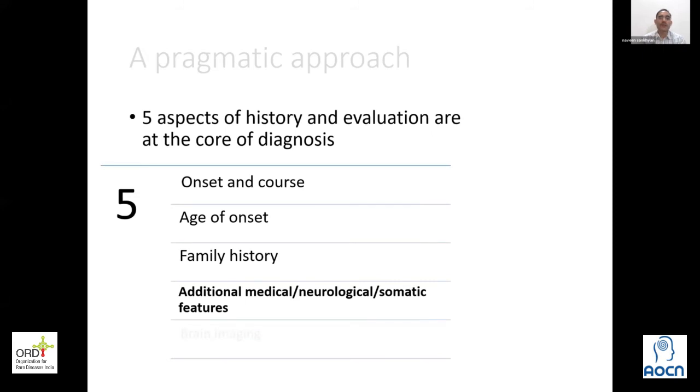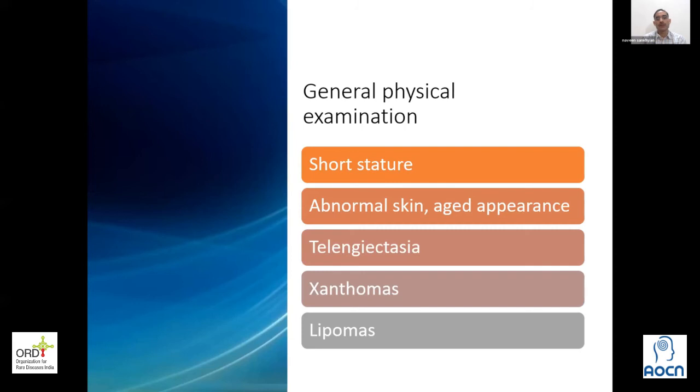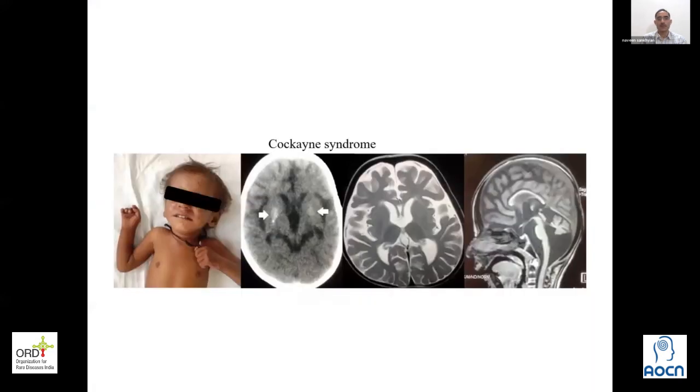Now coming to additional medical, neurological and somatic features. It would be important to do a good general physical examination and a neurological examination in these patients. Some of the important points in the general examination would be the presence of short stature, abnormal skin or aged appearance, telangiectasias, xanthomas or lipomas.